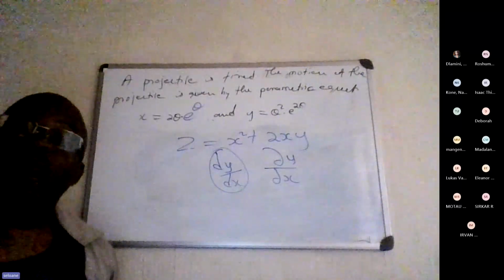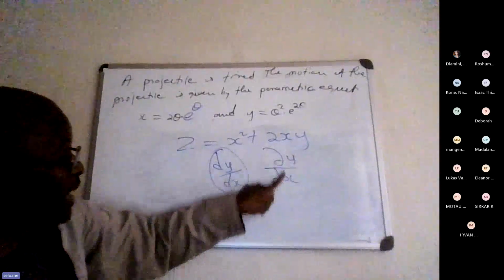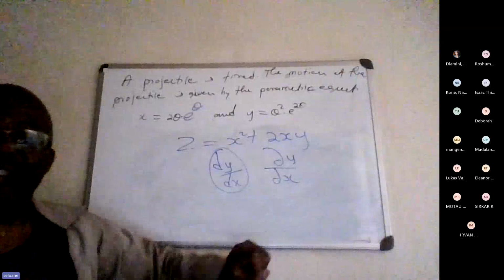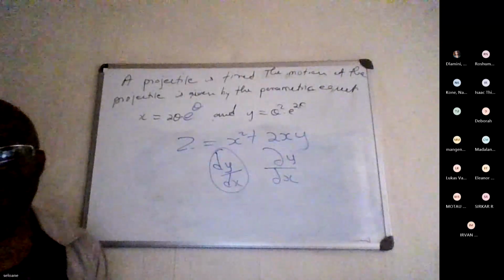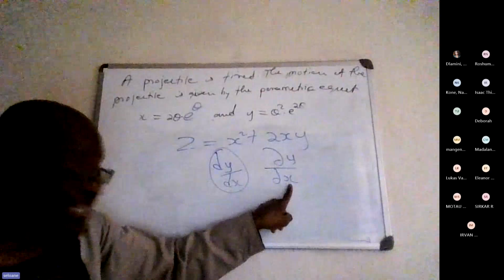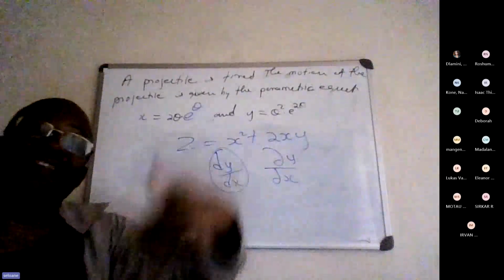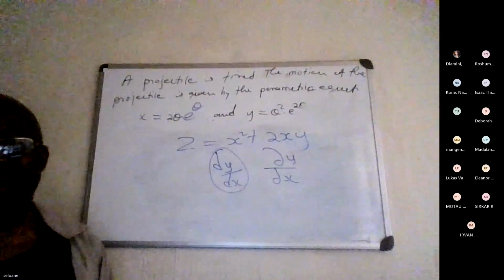With this notation, when we say cursive d y over cursive d x, the only two variables are y and x. Anything else will be treated like a constant. Hopefully this makes sense.